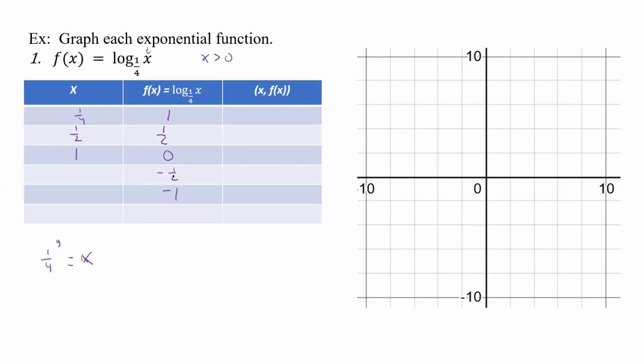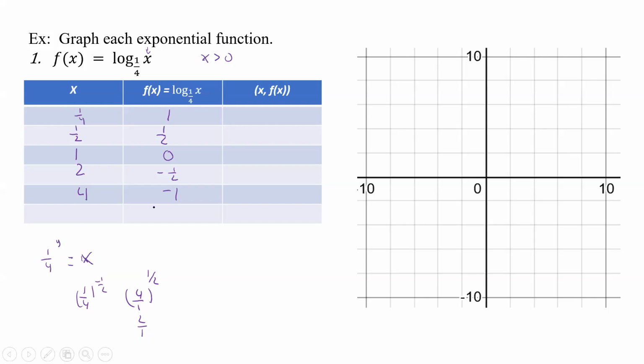It's actually to the -1/2, so it's going to be (1/4) to the -1/2, which gives us 4/1, and the square root of that is 2/1. So that's going to be a 2. And if we plug in -1, we just flip that over. That's going to give us the 4.